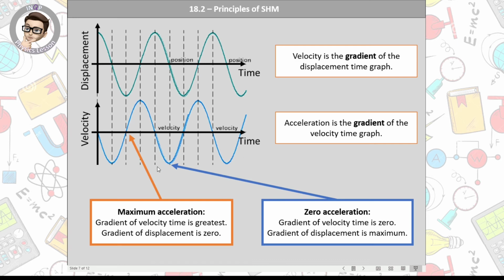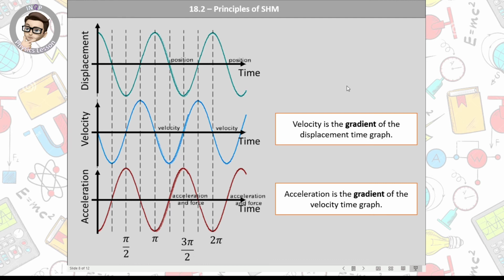And we've got zero acceleration at the turning point, so when the displacement is zero, the acceleration is zero, because this is where your velocity is changing direction. So as it passes through that equilibrium point, the velocity changes direction, and always changes direction in the opposite direction to the displacement.